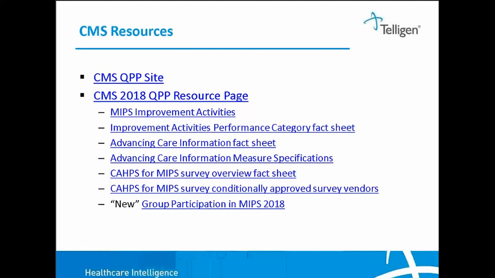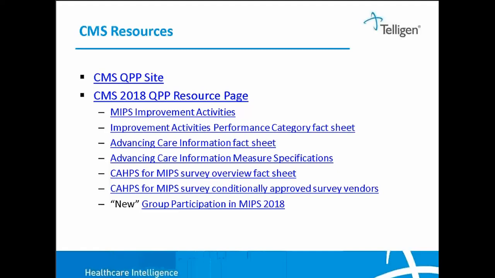You submit the ACI yourself, or some of them allow you to provide that information to them and they'll go in and submit it. But most of them want you to submit the group level ACI data, just like you would if you were just a MIPS eligible clinician.